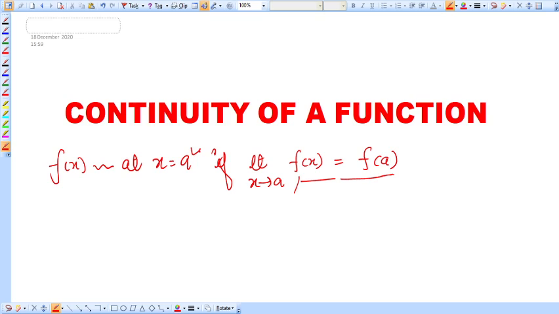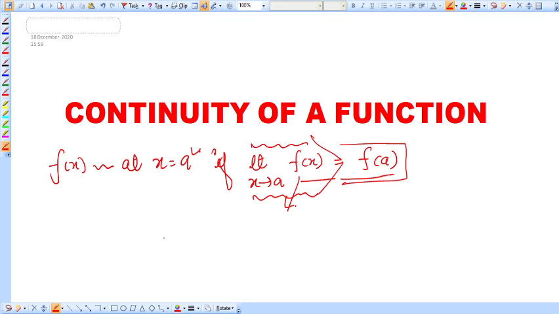What conclusion we can draw from here is that a function would be continuous if, firstly, the limit of this function exists, and moreover this limit is equal to the value of the function.